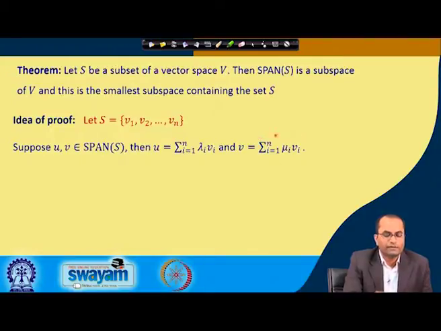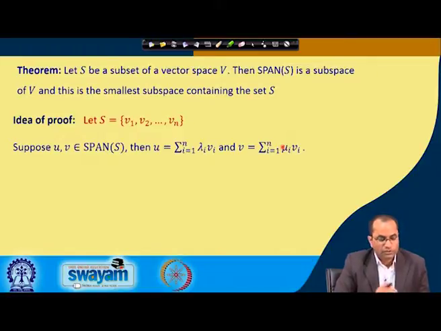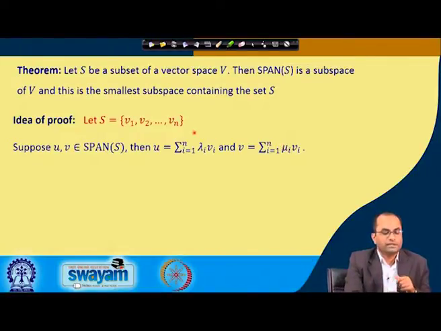Here also v we have written as a linear combination of the vectors vi. Note that these lambdas and these mus will be different scalars, so this is a different linear combination. So, these two vectors which we have taken from span S must be linear combinations of the vi's.